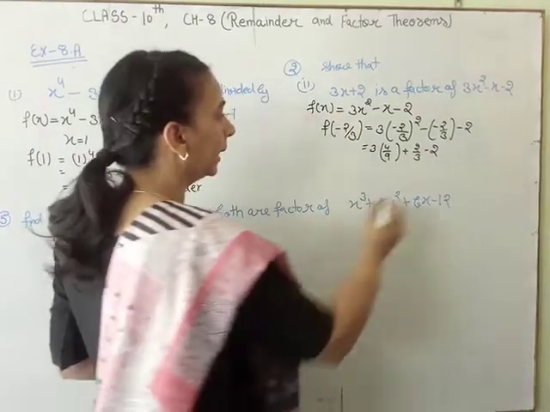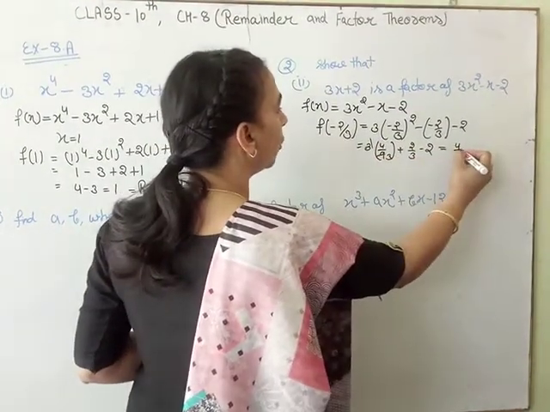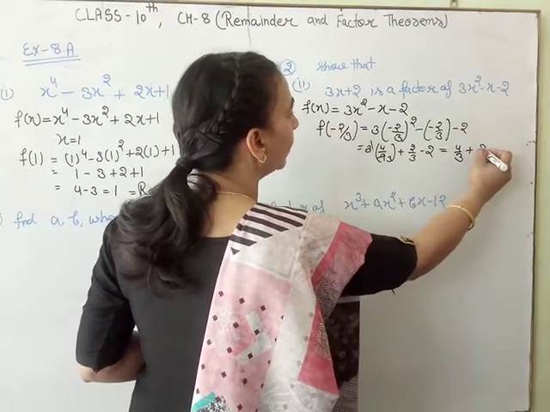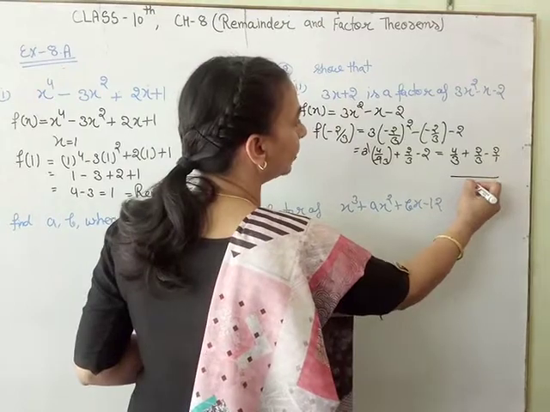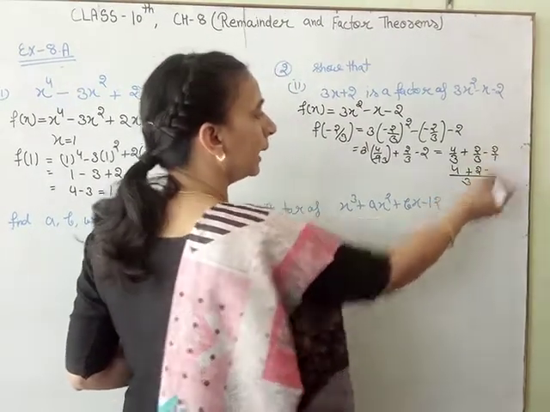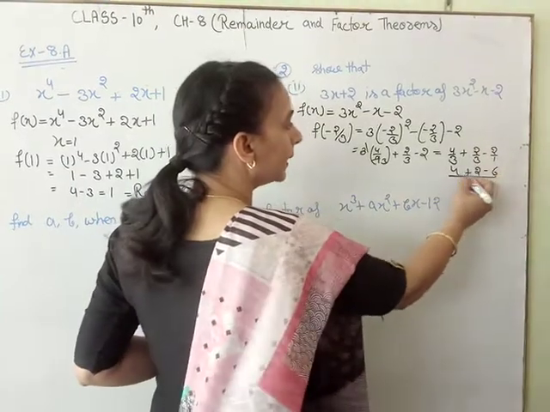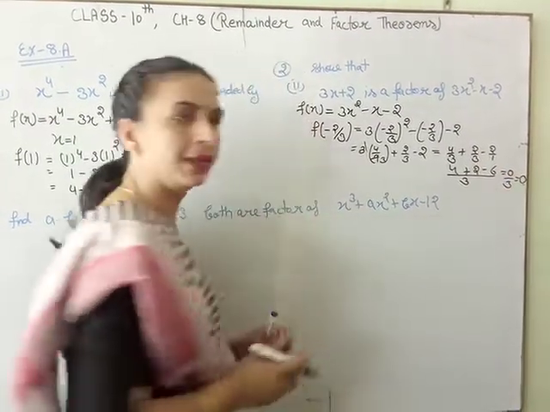Okay student, equal to 3 ones are 3, 3 threes are, then 4 by 3 plus 2 by 3 minus 2 by 1. We take LCM 3, then 4 plus 2 minus 3 into 2, 6. Then 6 minus 6 equal to 0 by 3, and 0 by 3 equal to 0.